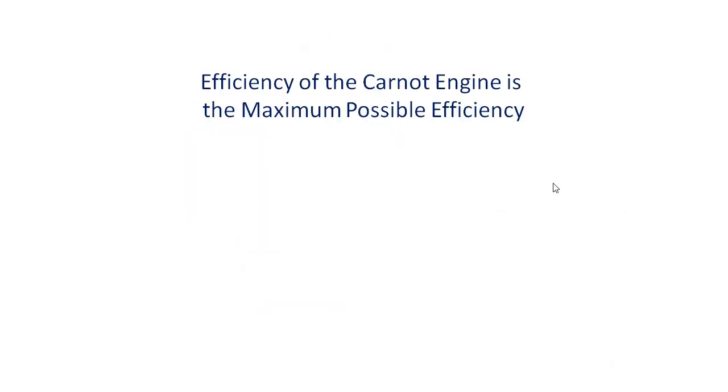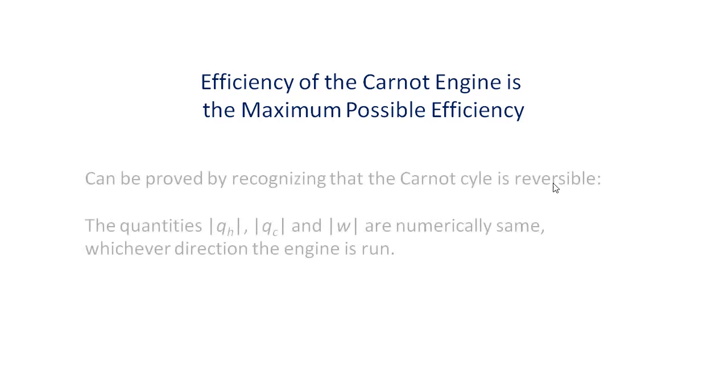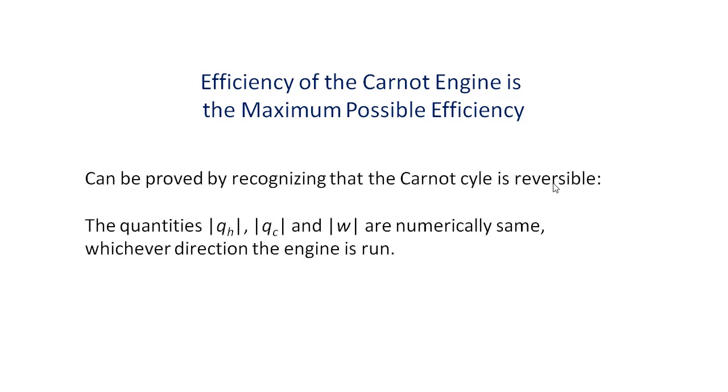Our argument to prove that the Carnot engine is the most efficient engine possible hinges on the idea that the Carnot cycle is reversible. That is, it can run the opposite way and use work to transfer heat from the cold to the hot reservoir.